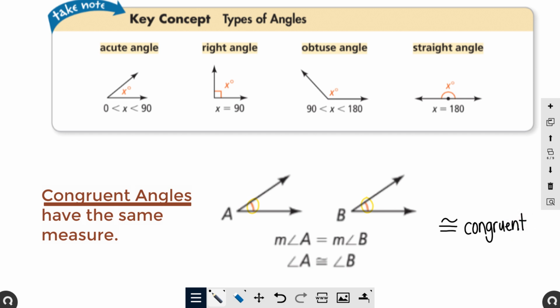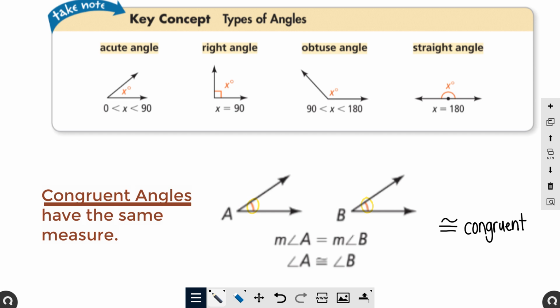When we get more into geometry, we can use proper notation, but if you just put an equal sign, it will mean the same thing. But congruent means that the angles are exactly the same. Equals means that they have the same measurement. So it gives you kind of a little different meaning, but not really much for us.